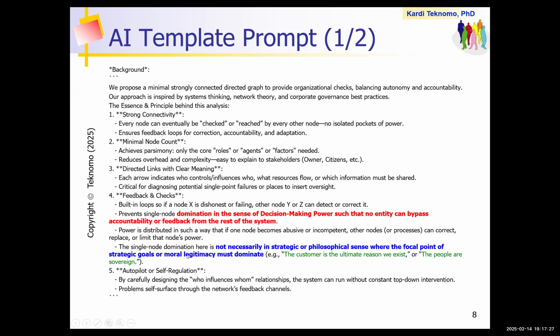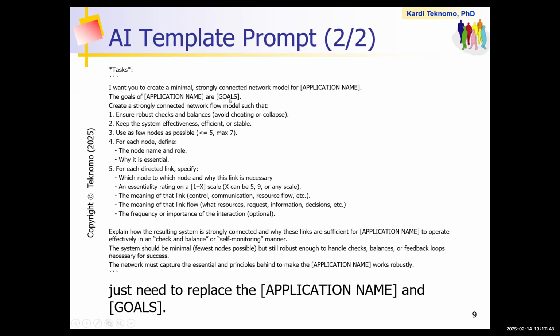So this is still okay, but not in this matter. And then we need to have self-regulation. The point is the link represents influence. For your own application, all you need to do is just change the application name and the goal.